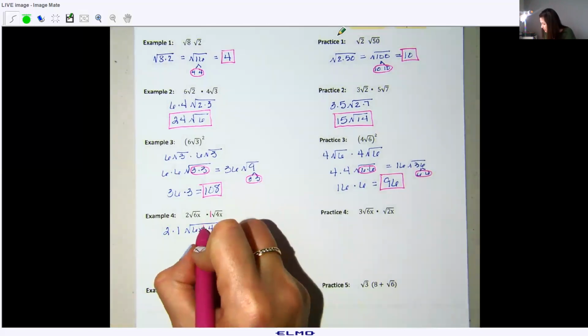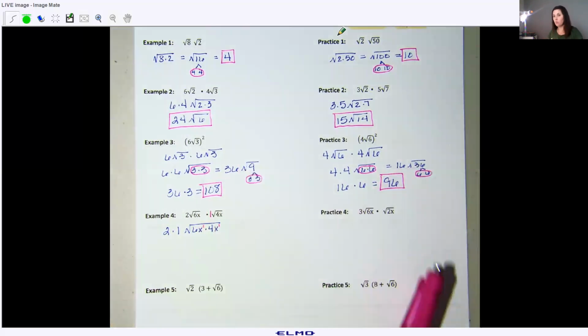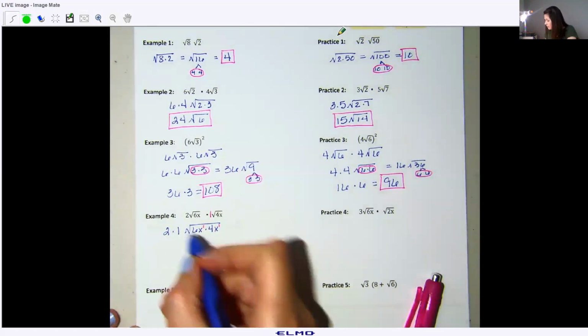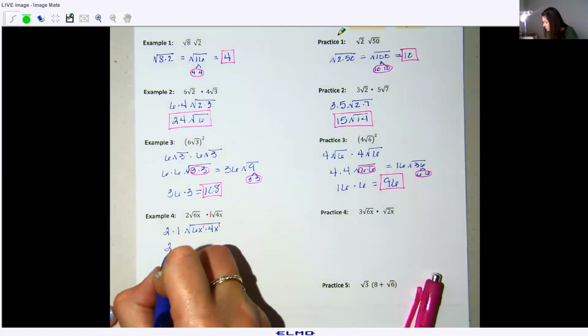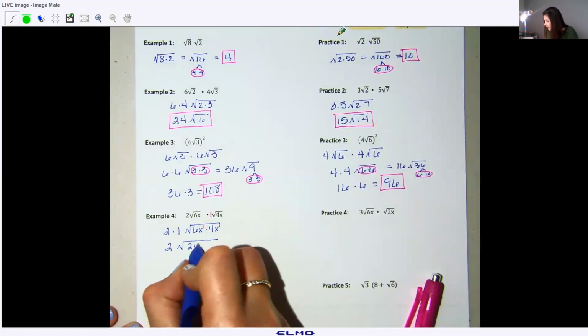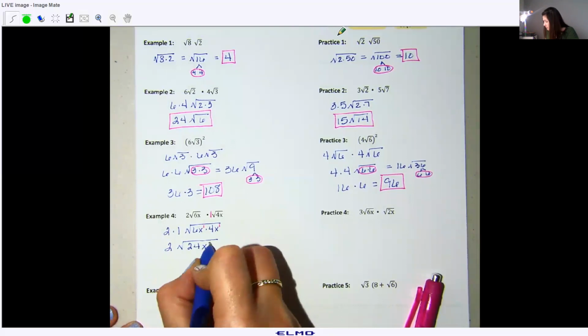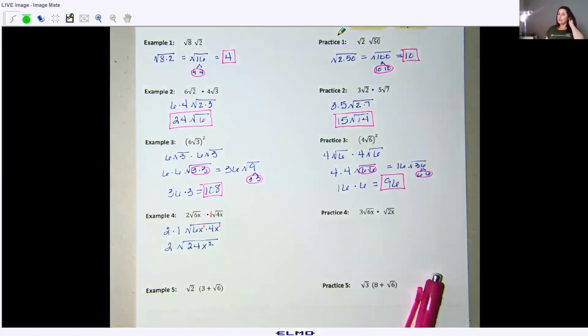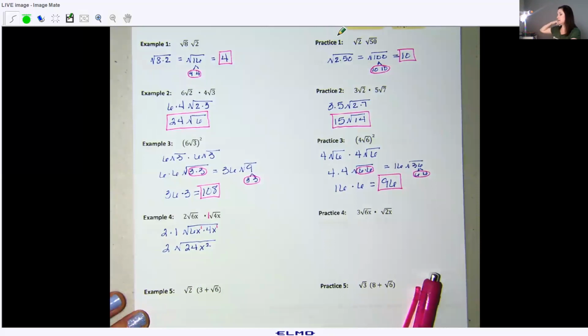So each of these variables has an exponent of 1. So 2 times 1 is 2, and then you end up with 6 times 4 is 24, x times x is x squared, okay? And once you get to this point, you need to factor out your 24x squared.